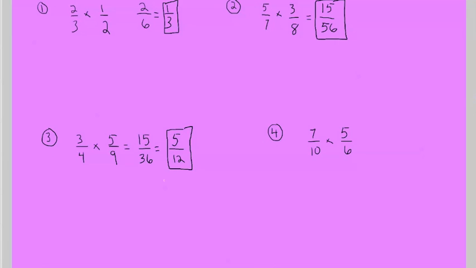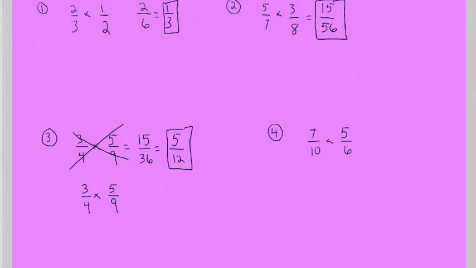Now, starting with this problem, I want to redo it and show you another way to do it that will make it easier for you depending on the numbers. So let's say we have the same exact problem, 3/4 times 5/9. I could do something called cross simplification. If you look at the numbers in a cross, the 3 and the 9, and the 4 and the 5, we can ask ourselves, can I reduce them any further?